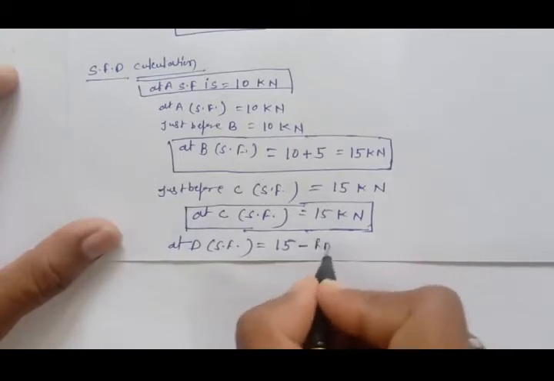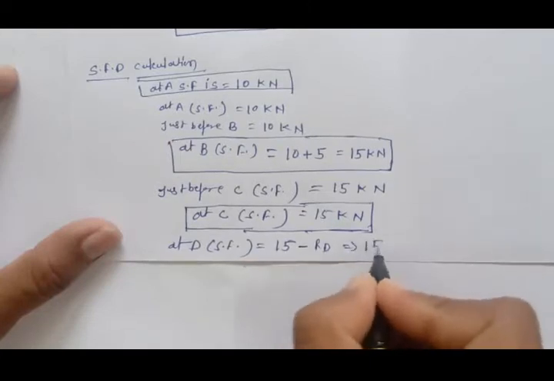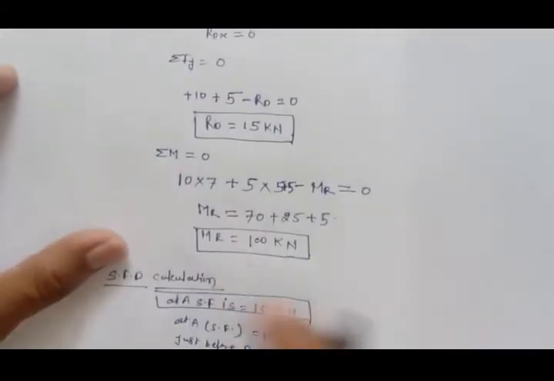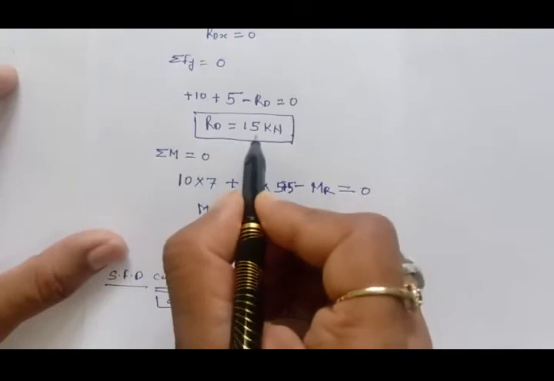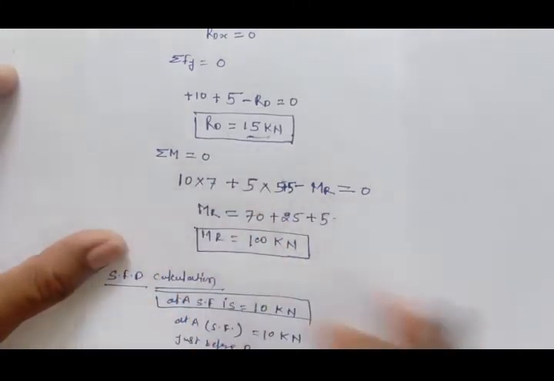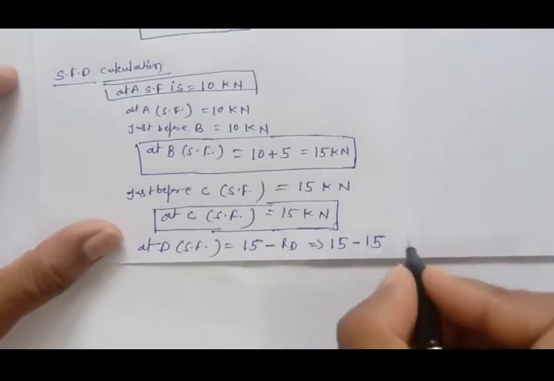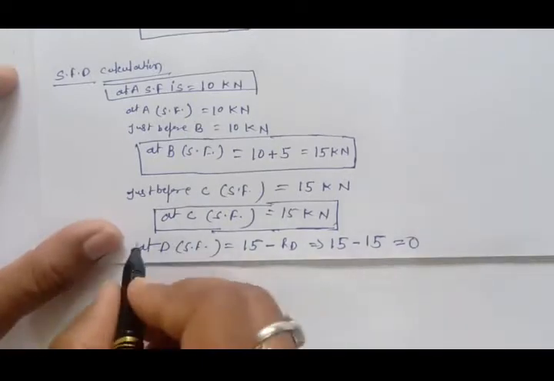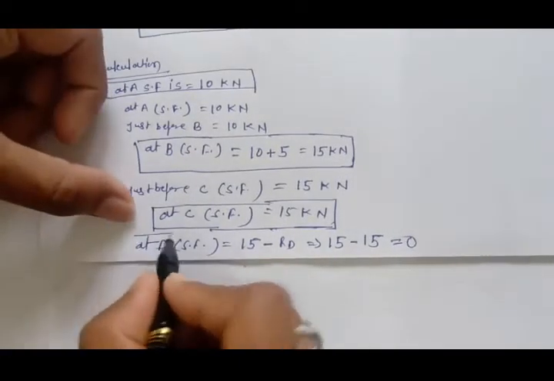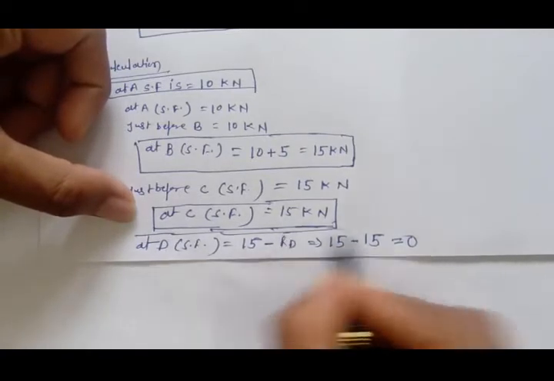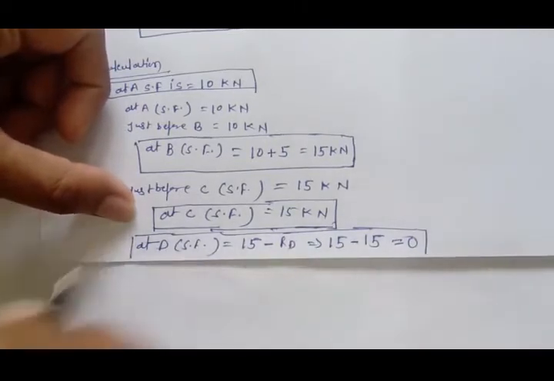So we can write 15 minus RD, and the RD value is nothing but 15 kilonewton here. Since an upward force is there, the direction is negative, and this equals 0. So at D the shear force will be 0.